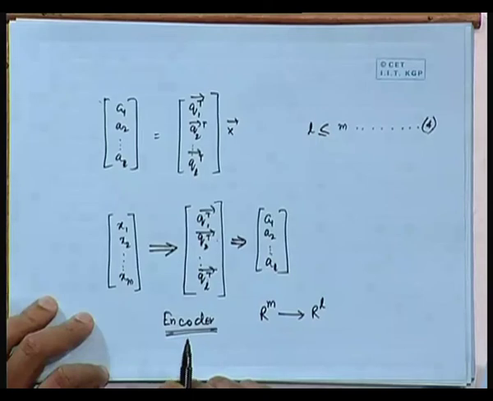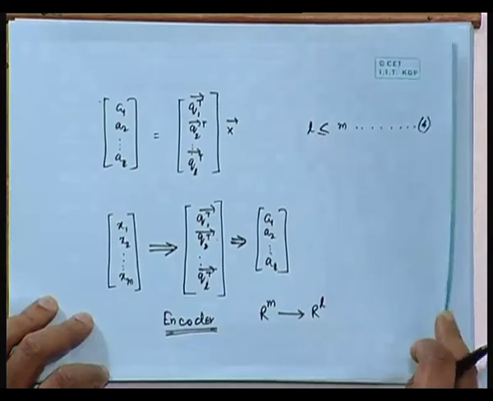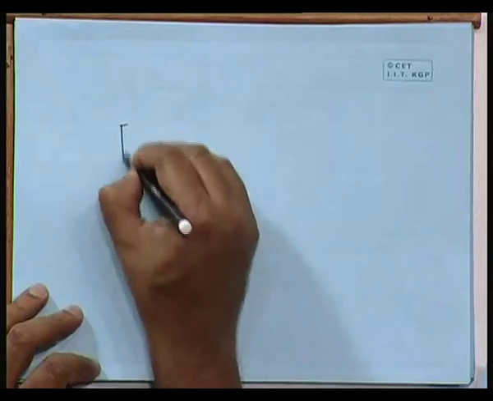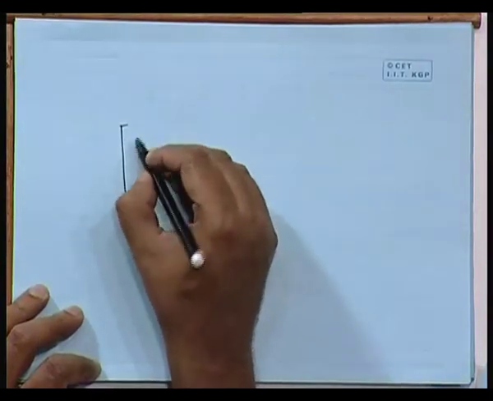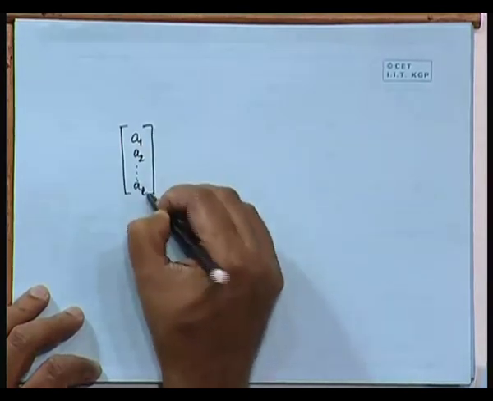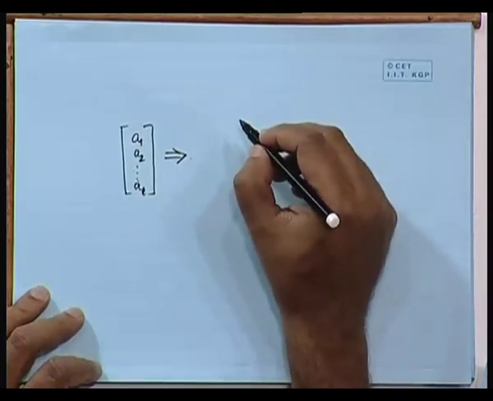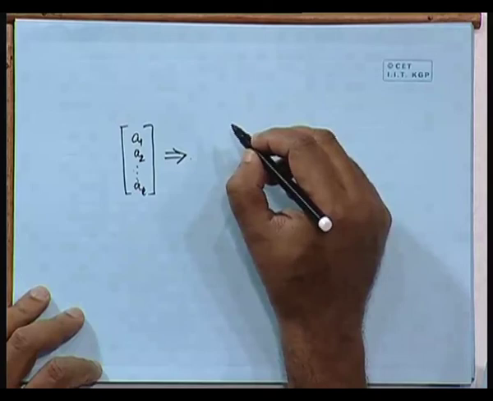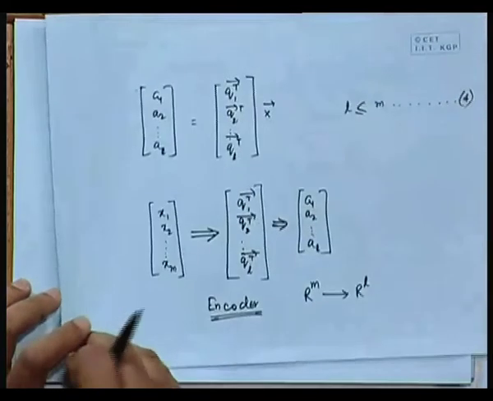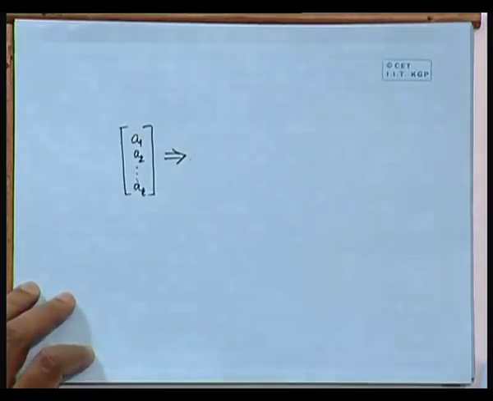And in the decoder part, just the opposite of that is going to happen. Our input will be the A's, A1, A2 up to AL, and we have to transform it in order to get the x vectors. Last time it was the q transpose, and this time we are going to take the q vectors.